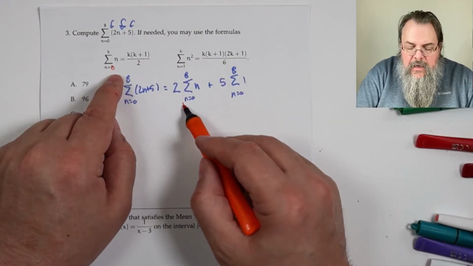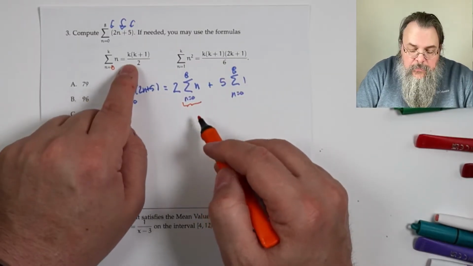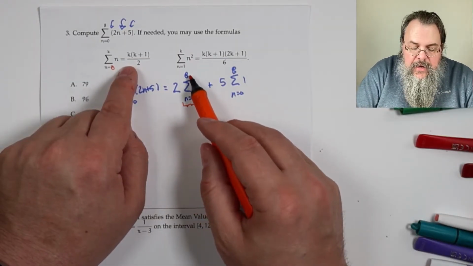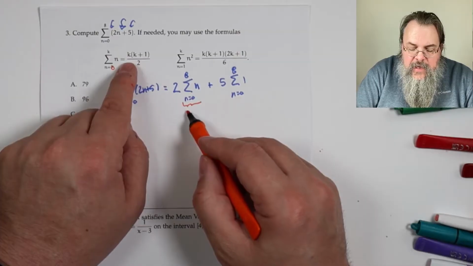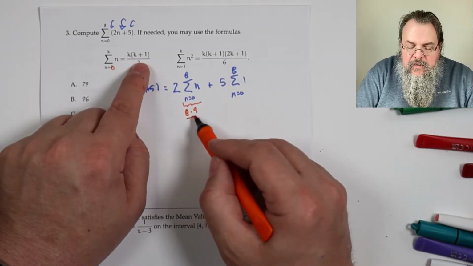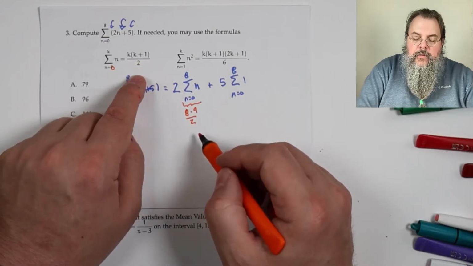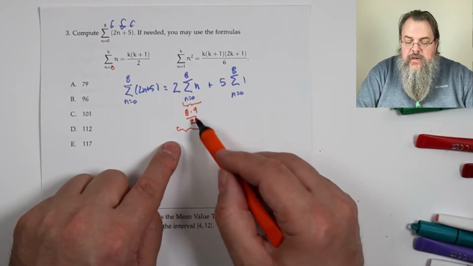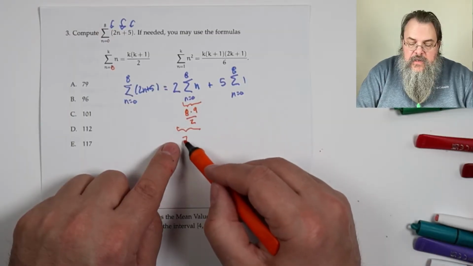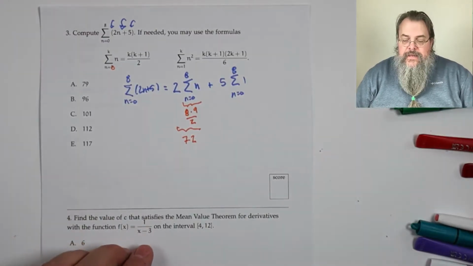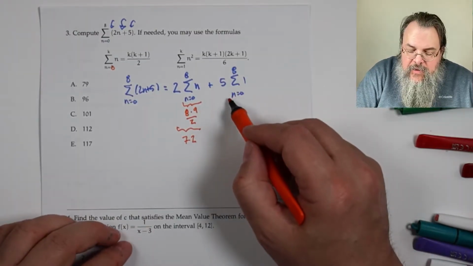So let's use our nifty formula. We're going to 8, so 8 is our value for k. So this is 8 times 8 plus 1, which is 9, divided by 2. Well, we have a 2 in front, and so putting that together, it's 8 times 9, 72.